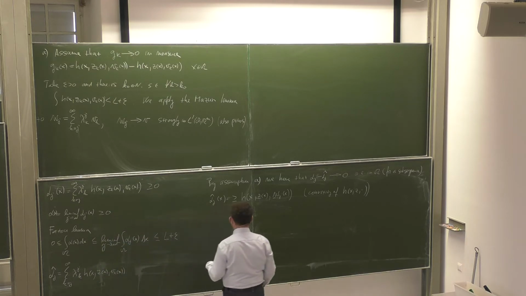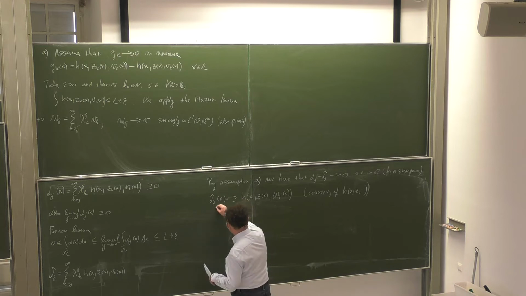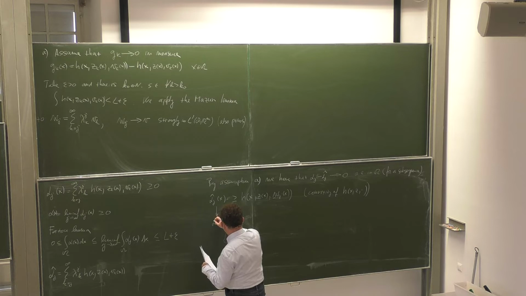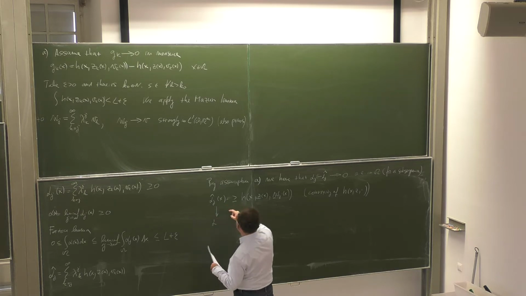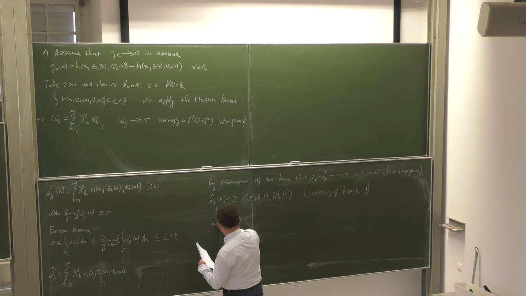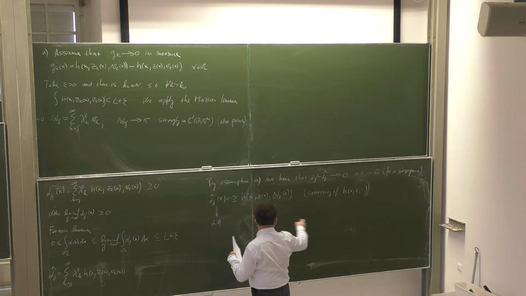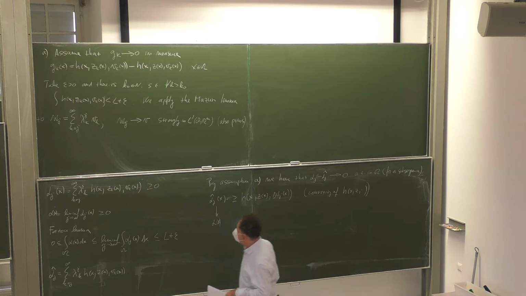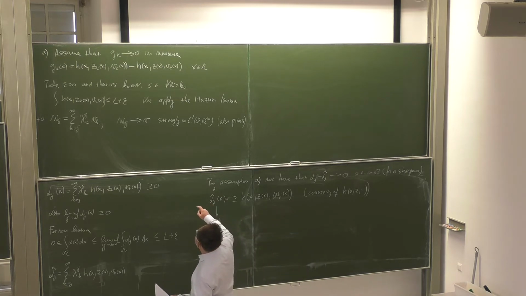So now we do the pointwise convergence. This goes pointwise to alpha(x), because we know the pointwise limit is the same for both, which comes from this g.